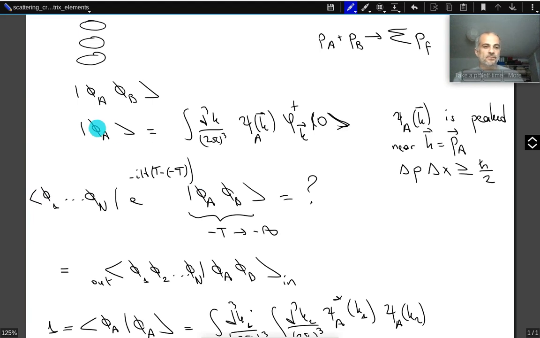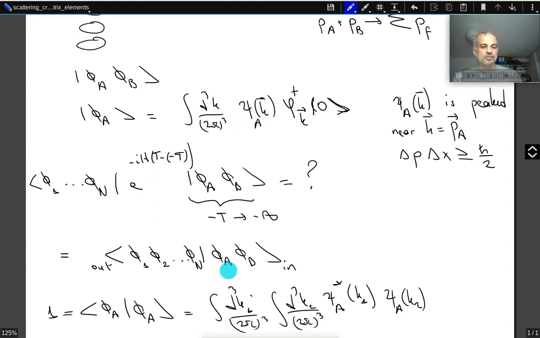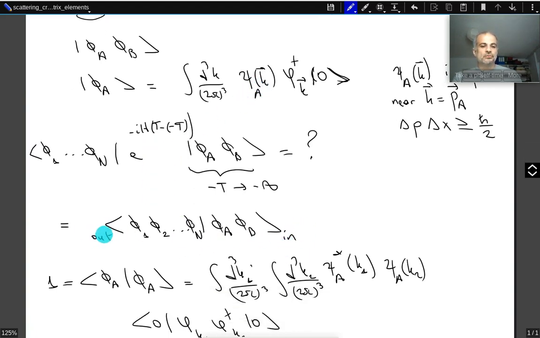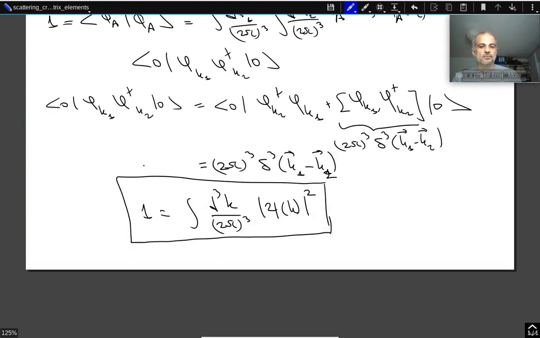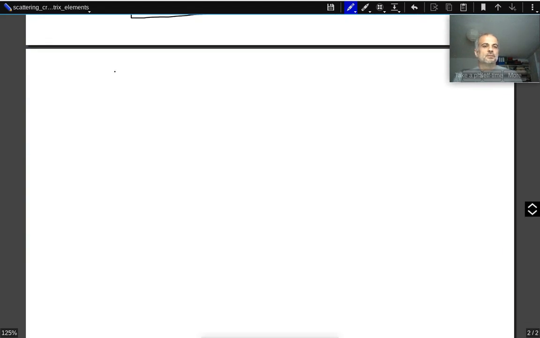Now note that for this phi A, phi B, and the final state particles, we can also make similar definitions. With these similar definitions, also to save some notation, I will just use this in and out notation. I will in fact stick with this one. Later on I will convert to this in and out state notation. So this matrix element that we are looking for can be written in this form.